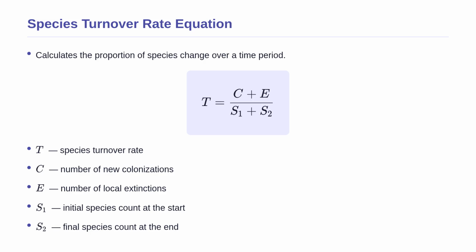Adding these together gives us the total number of species changes. In the denominator, S1 is the initial species count at the start of the time period, and S2 is the final species count at the end. If the number of colonizations and extinctions increases, the turnover rate goes up, indicating a highly unstable, rapidly changing environment.